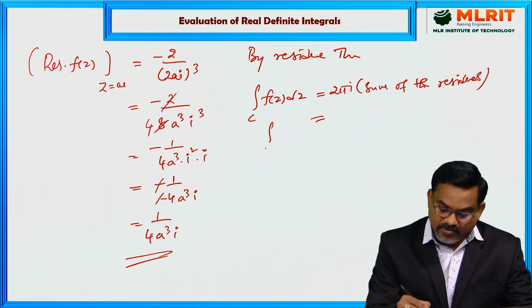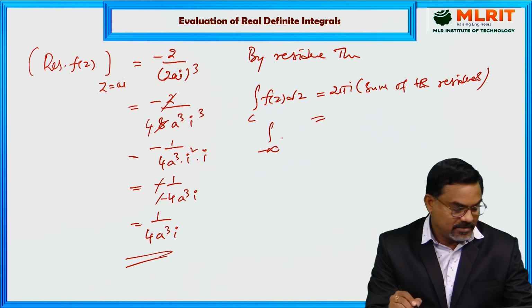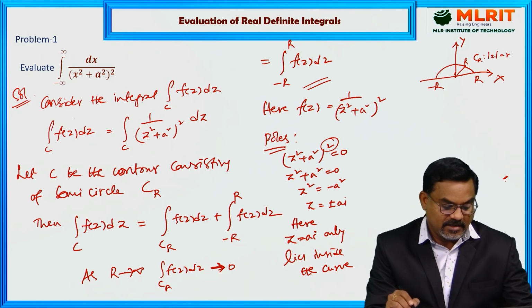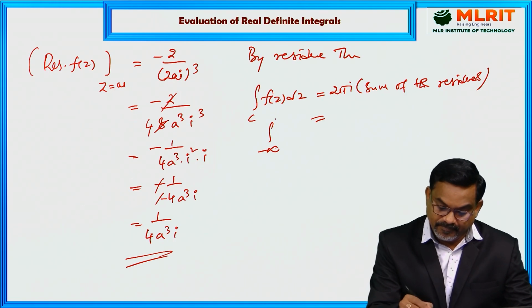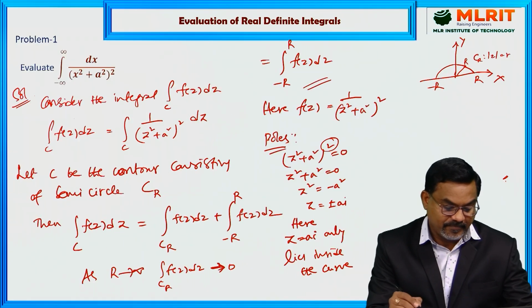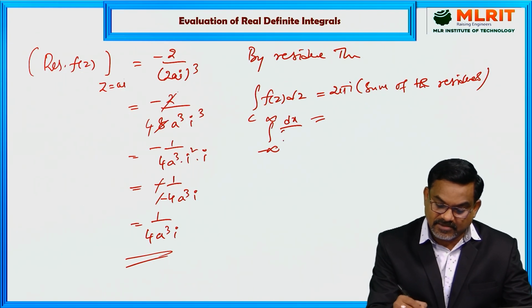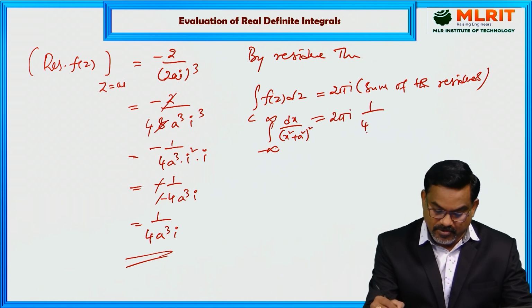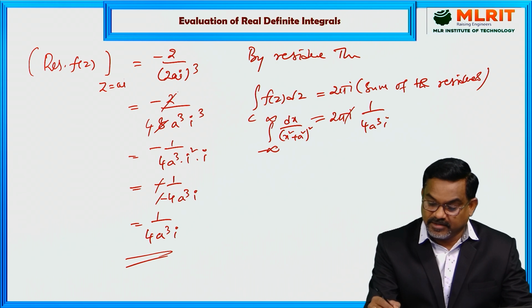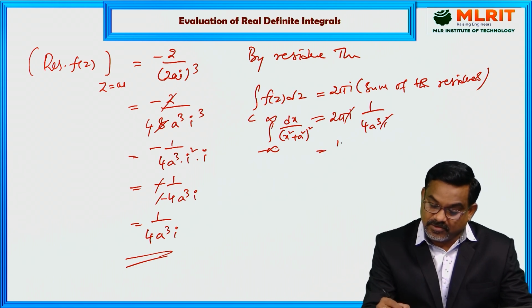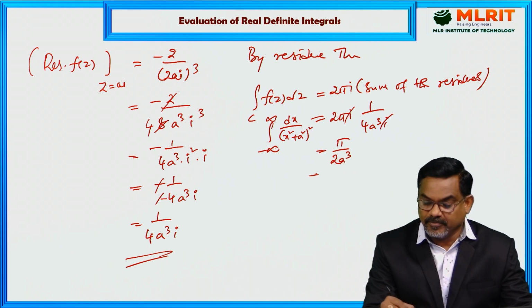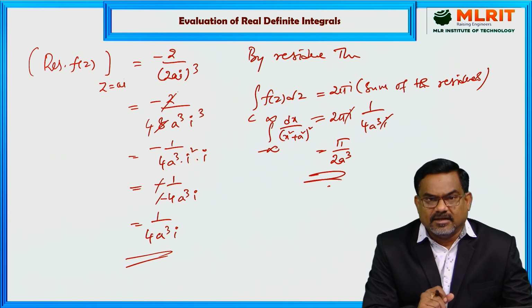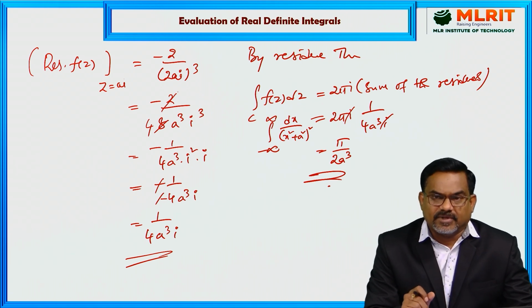So, the integral from minus infinity to plus infinity of dx by (x square plus a square) whole square is equal to 2 pi i into 1 by 4 a cube i. These two get cancelled. So, pi by 2 a cube is the final integral value of the given function.